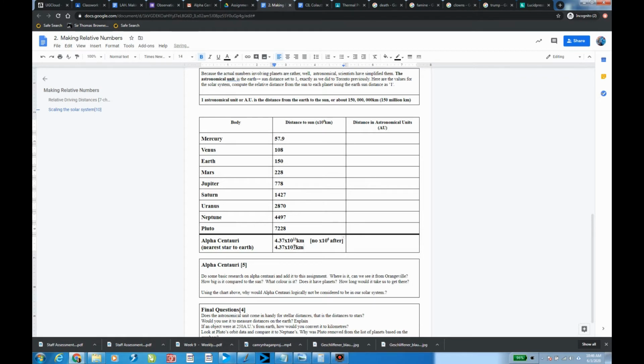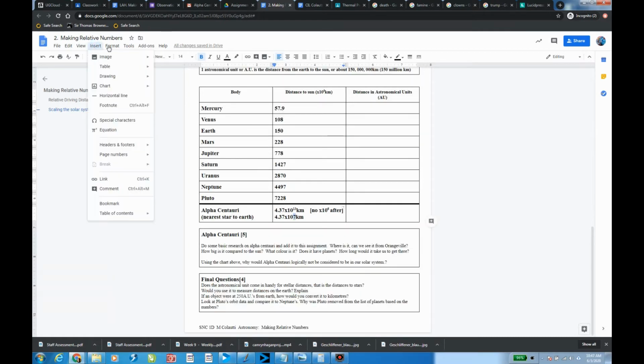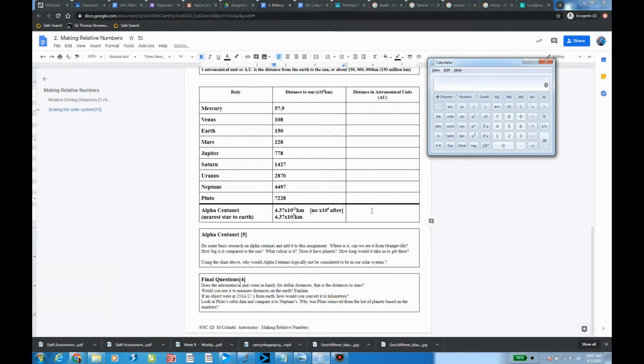To put this in superscript, insert text, superscript. Now let's bring up the calculator. 4.37 to the exponent 7 divided by 150.